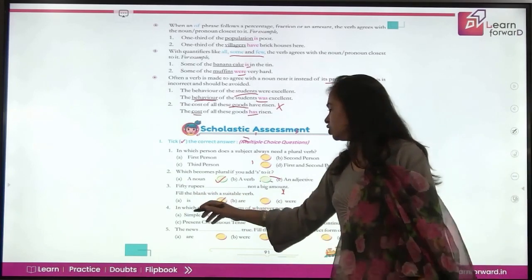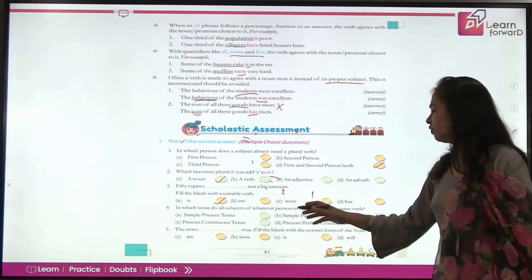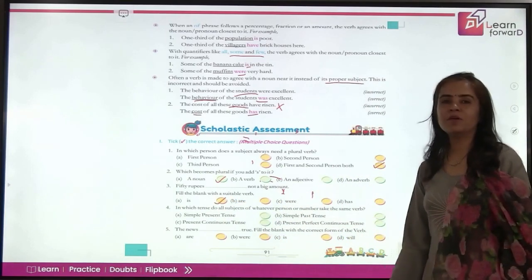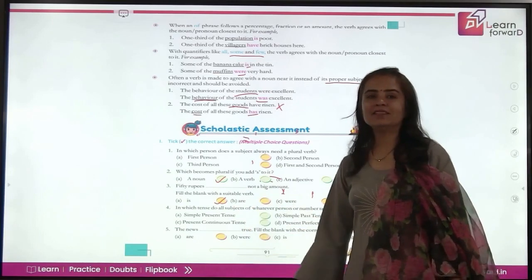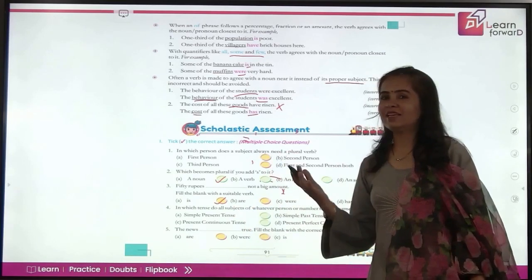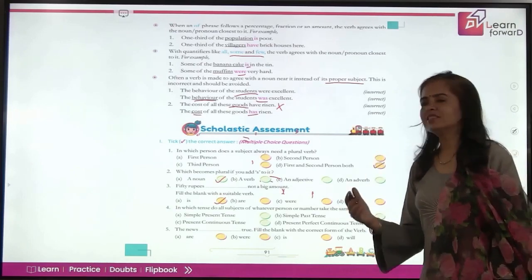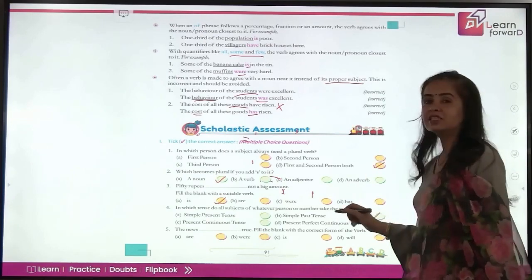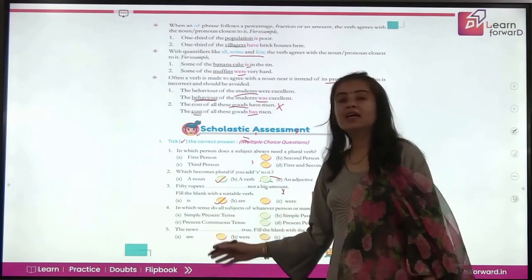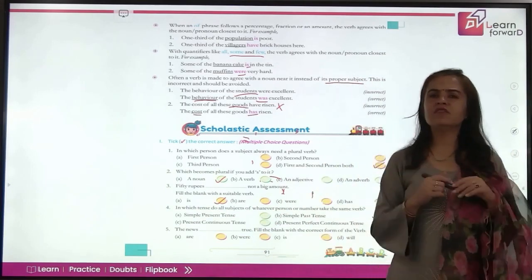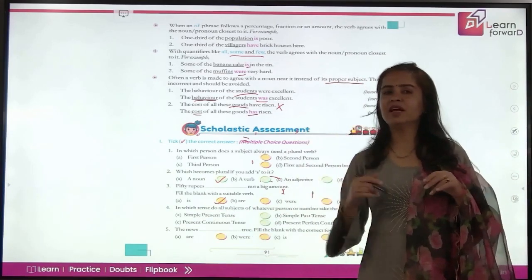Next, in which tense do all subjects of whatever person or number take the same verb? Is it in simple present tense? We decide S or ES with the verb. Then simple past tense? Yes, that is always the second form of verb, but still let us look at the other forms. Present continuous tense? We have to see whether to use is, are, am with ing verb.